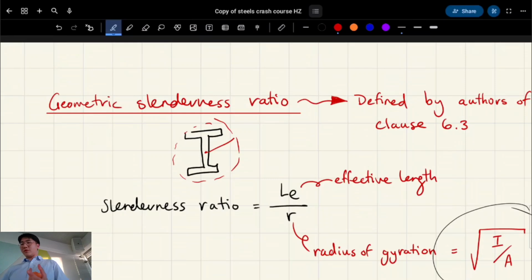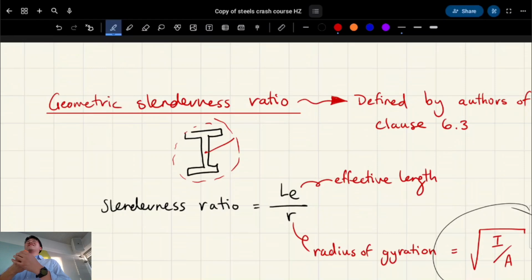Do you know how I said before that slenderness is to do with the length to width ratio? Radius of gyration is kind of like a standardized width, but for your section. Does that make sense? It's not very accurate to say, but you can pretend we're treating that I-beam or I-column as a circle cross-section, and then we consider the buckling based on that slenderness.